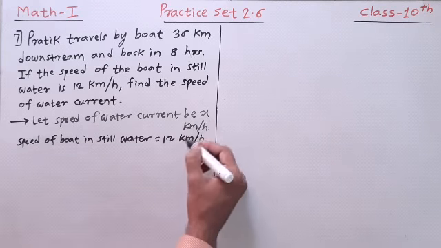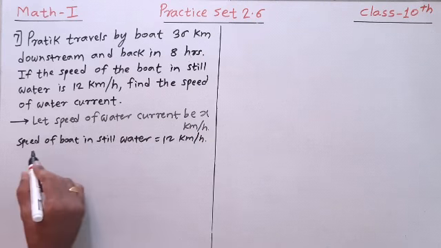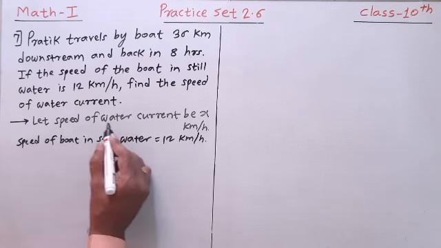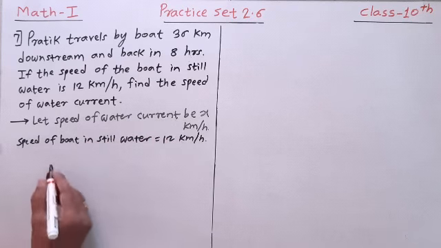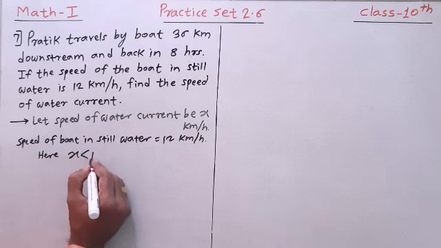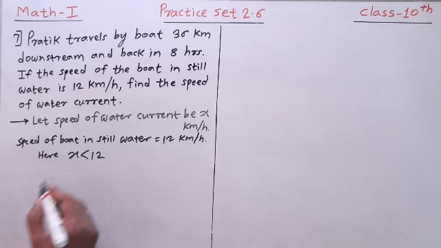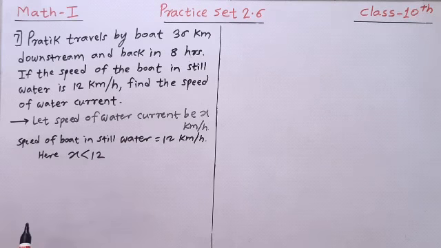So if we compare these two speeds, it is very clear that the speed of boat in still water is greater than the speed of water current. So here we can write x is less than 12. It will be helpful to us to write the next step.